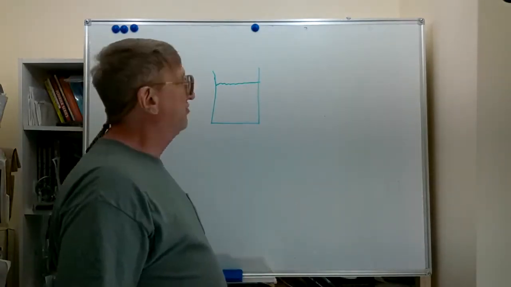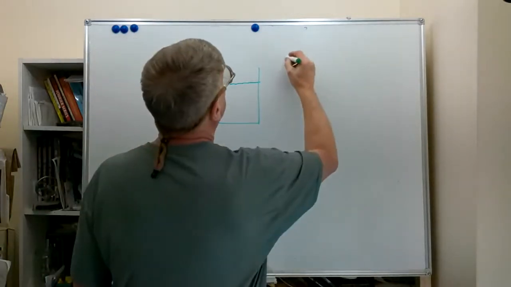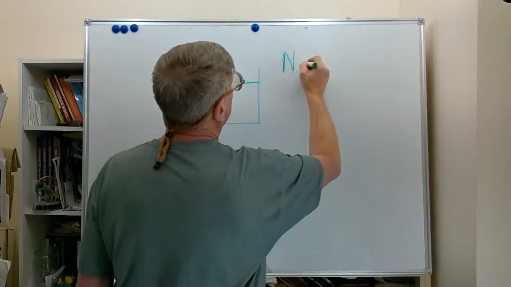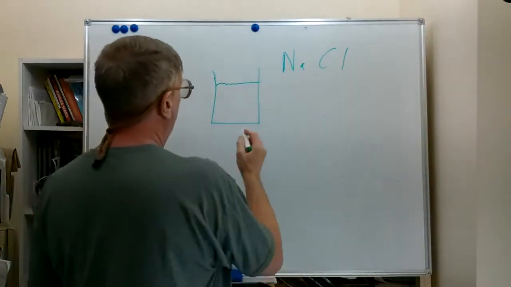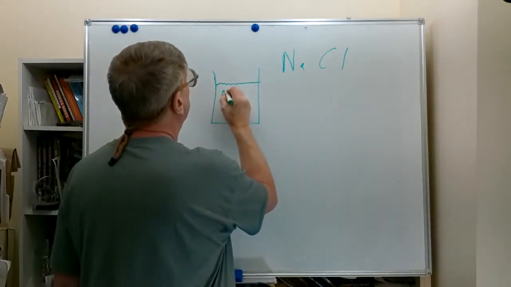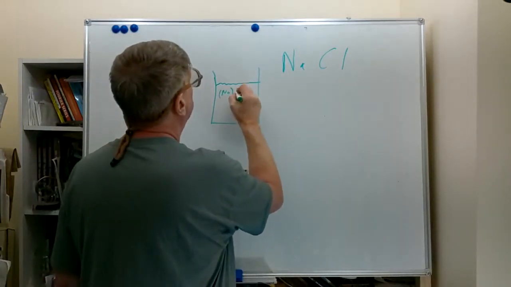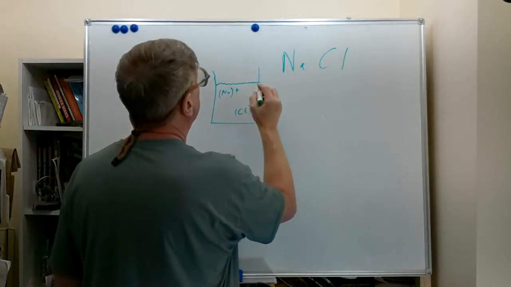Say we took pure distilled water and we add regular table salt, which we call sodium chloride. When we dissolve that sodium chloride, we're going to get some sodium ions, which are positively charged, and some chlorine ions, which are negatively charged.